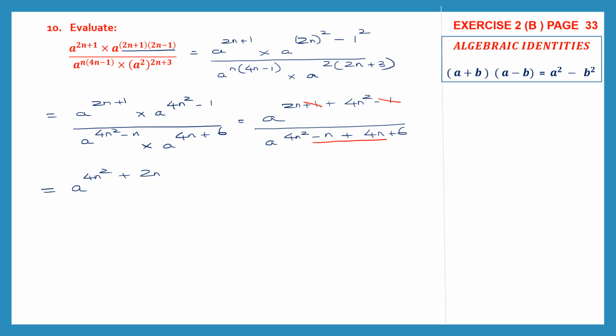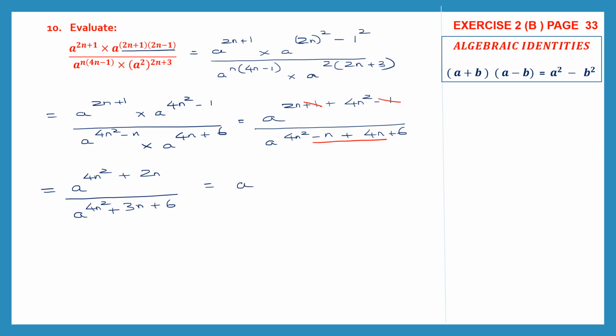So let's write that. In the denominator, that is divided by a to the power of 4n square as it is. Now minus n plus 4n will become minus 1 plus 4, which is plus 3n, plus 6. Now the powers are the same, we can subtract the powers.